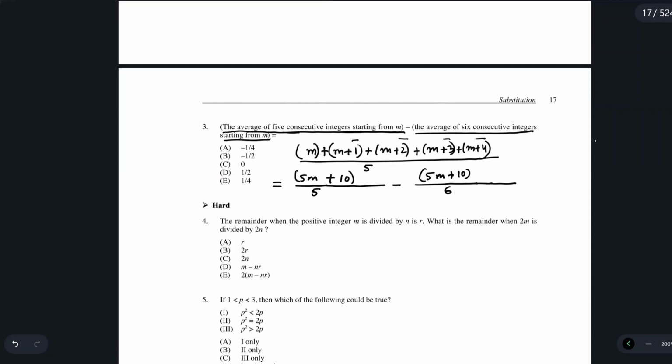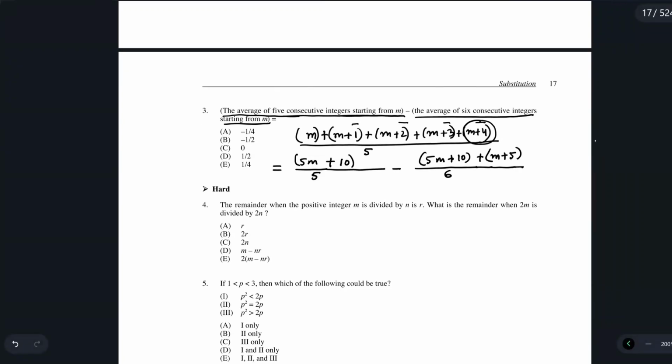We had the last term as m plus 4 over here, so for the second term, we have one additional term, which is m plus 5. That makes a total of 6 numbers, and if we divide by 6, it will calculate the average.